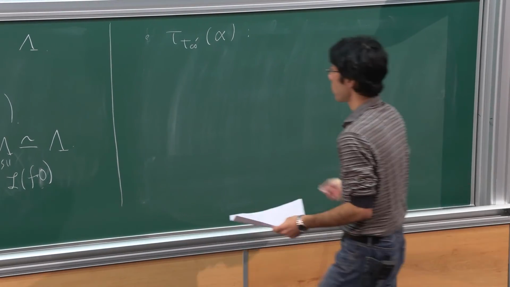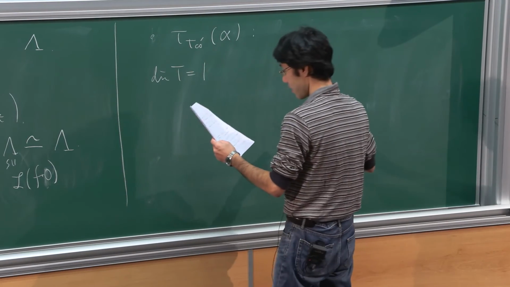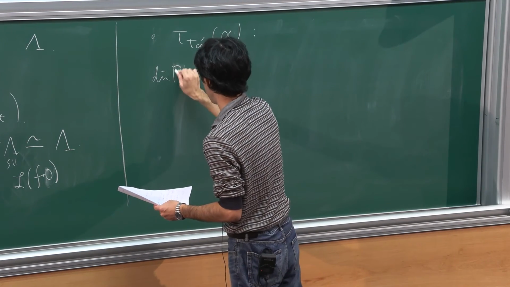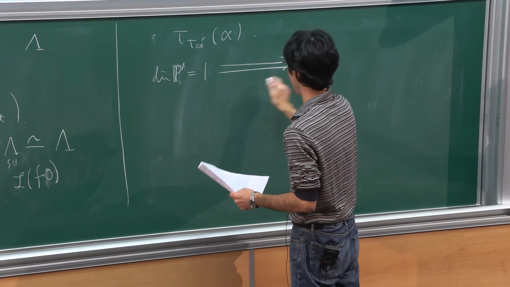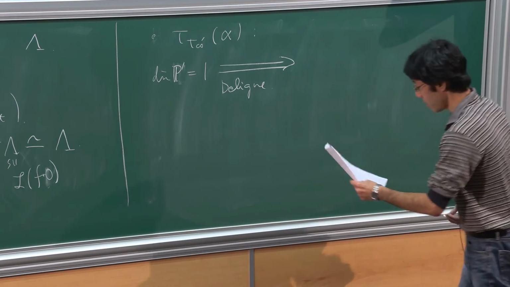So this dimension of t is equal to 1, or I would say p prime. I should have said it. P prime is equal to 1 by delaying finitude.